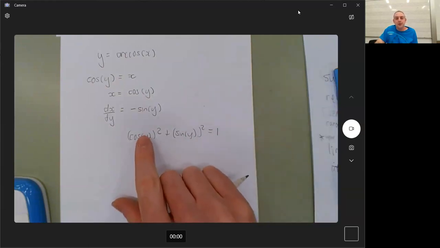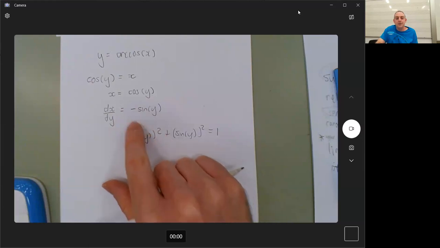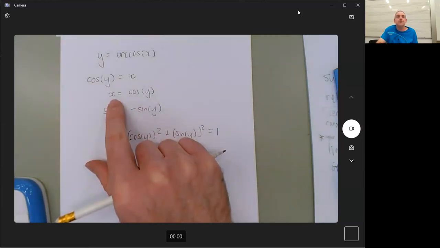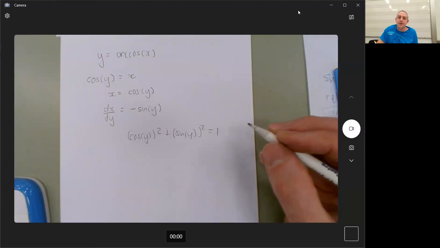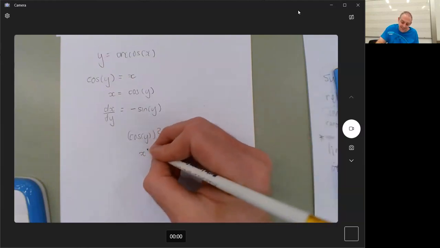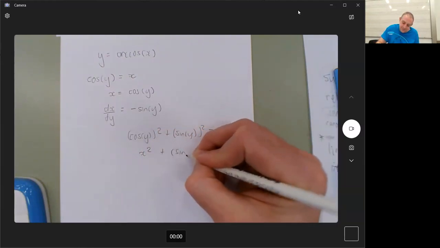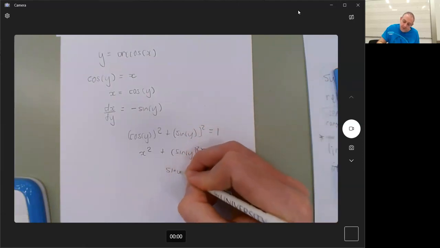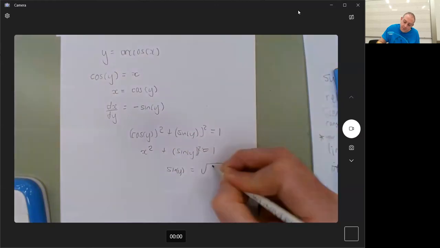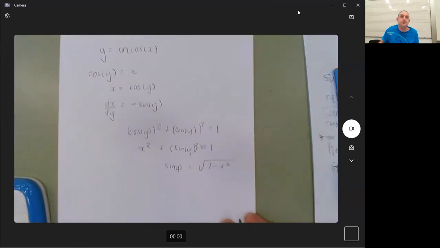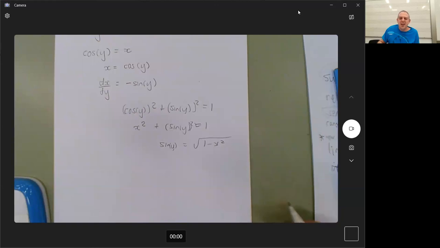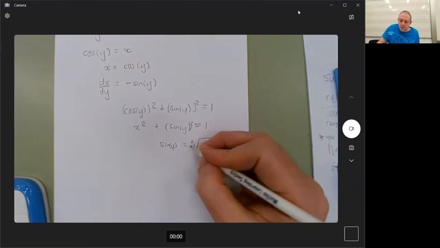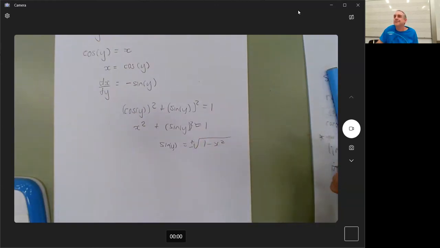And cos y is x. And so sine squared y is 1 minus x squared. Except technically, if I'm going to do a square root, it could be either of them. A plus or a minus. Can't be both, because it's supposed to be a function.